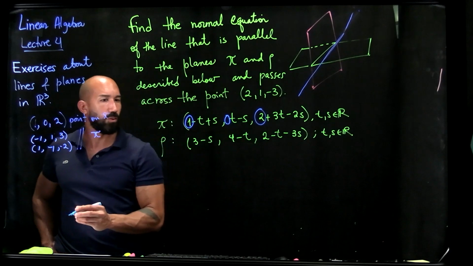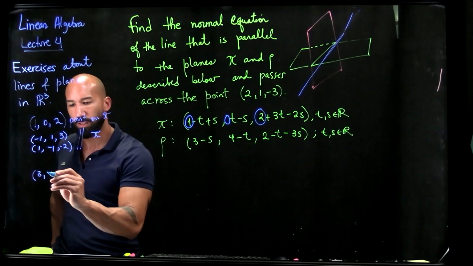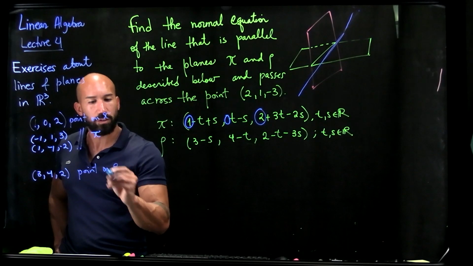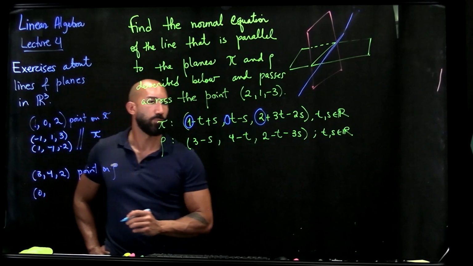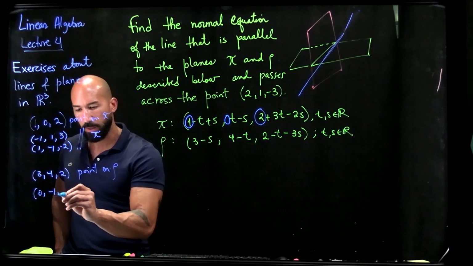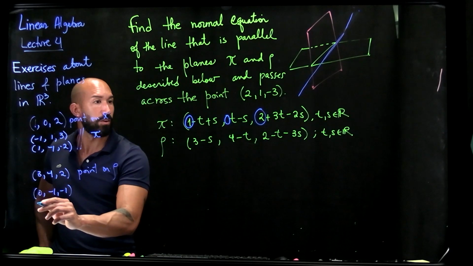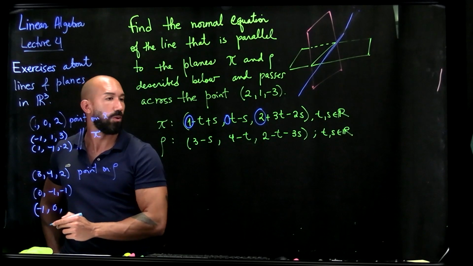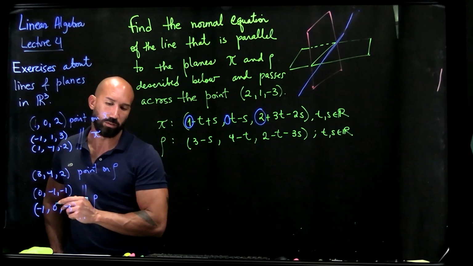Pretty similar for rho. So (3, 4, 2) is a point on rho. The coefficients for t, which are (0, 0, -1), and the coefficients for s, which are (-1, 0, -3), are vectors parallel to rho.